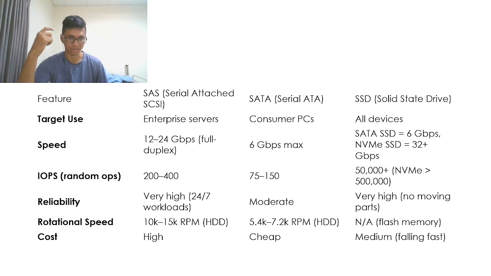We usually use this for customer PCs that have a max speed of 6 gigabits per second and a rotational speed of 5.4K until 7.2K RPM. And the cost is relatively cheap because it is what is usually used by the customer grade.